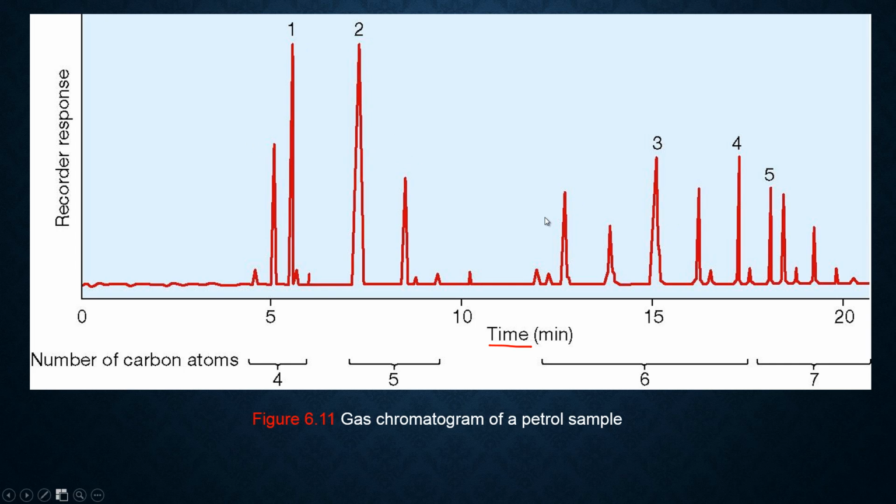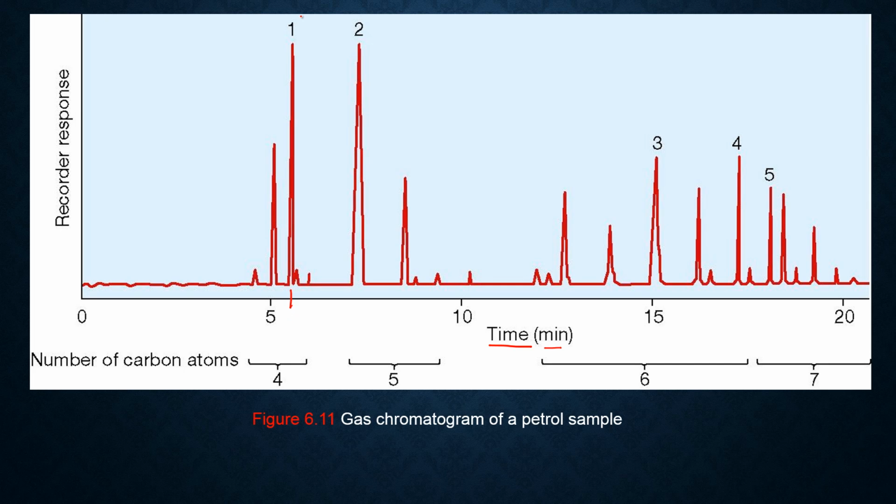And for each component you can look on the x-axis to see how long in terms of time, and in this case minutes, it's taken to go from one end of the column, from the sample injection port, right through to the other end of the column and being detected by the detector. And then it's put onto a chromatogram, a record sheet, as we can see here.